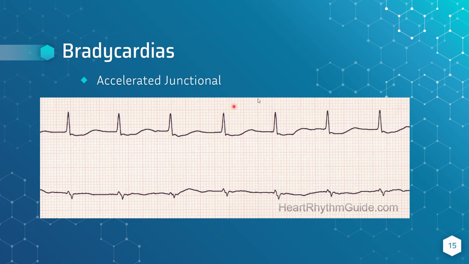And since the R to R is regular, it can't be atrial fibrillation, because AFib can never be regular unless you have a heart block. And we'll discuss that more later on. Since the QRSs are small, there's no P wave, and the baseline's flat for the most part, this one would be a junctional rhythm. Patients in a junctional rhythm could be due to several factors.